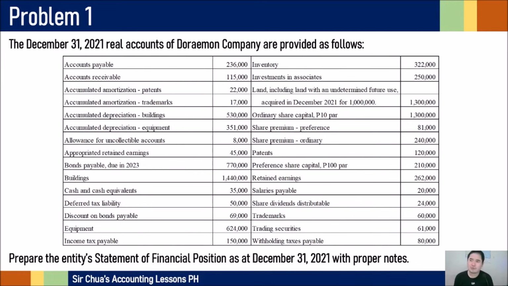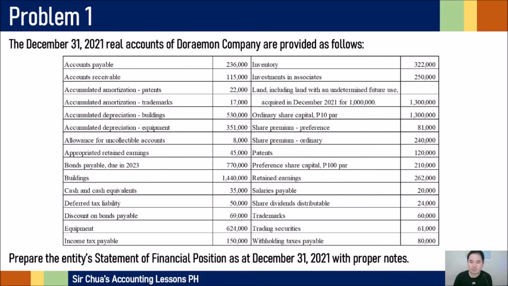Since the preparation of a statement of financial position is not really new to you, I strongly suggest you, because we already have the given here in the problem, baka try nyo munang sagutan. Mas maganda siguro, try nyo munang balansehin, and prepare the statement of financial position first on your own. So, you pause the video, you stop the video first with the given here sa ating problem, tapos sagutan nyo siya.